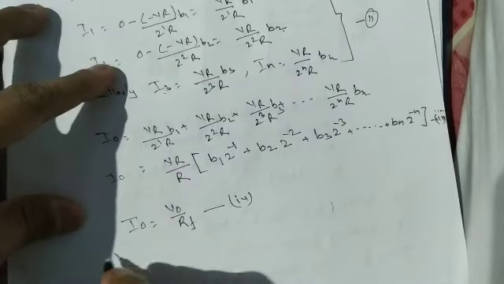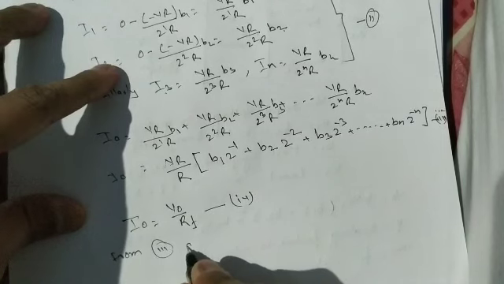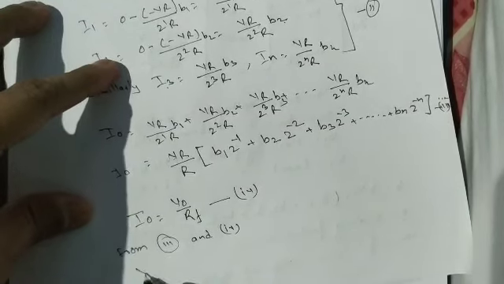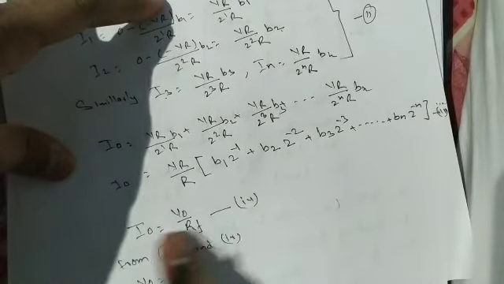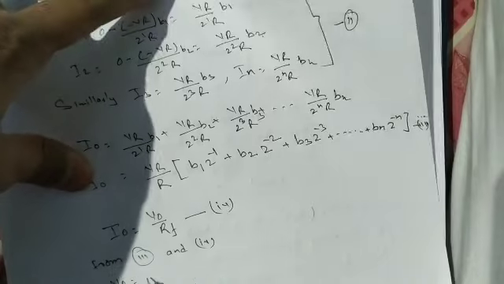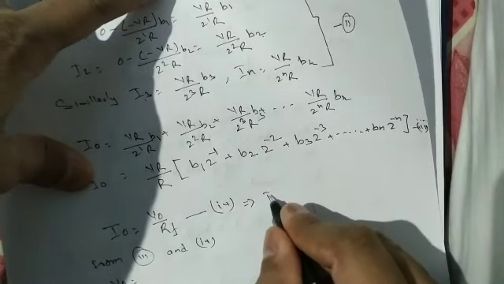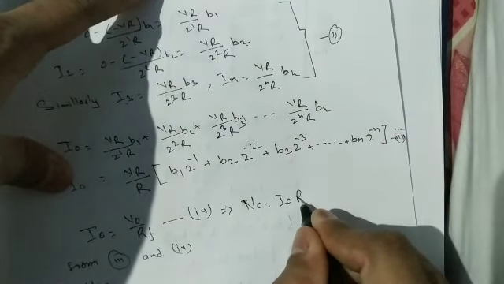From equation 3 and 4, V0 equal to I0 into RF.